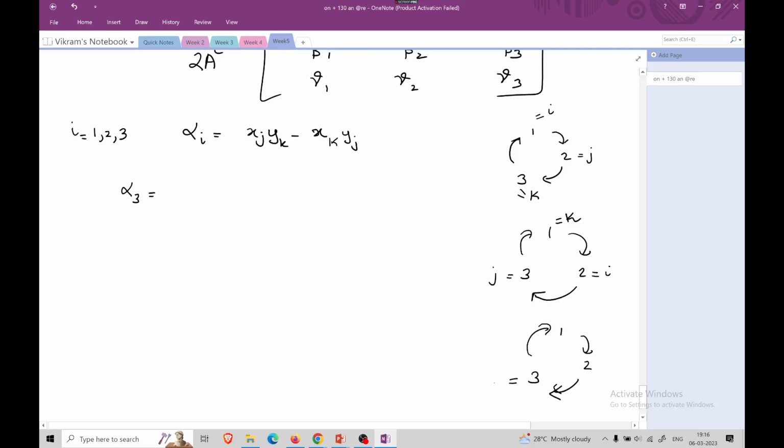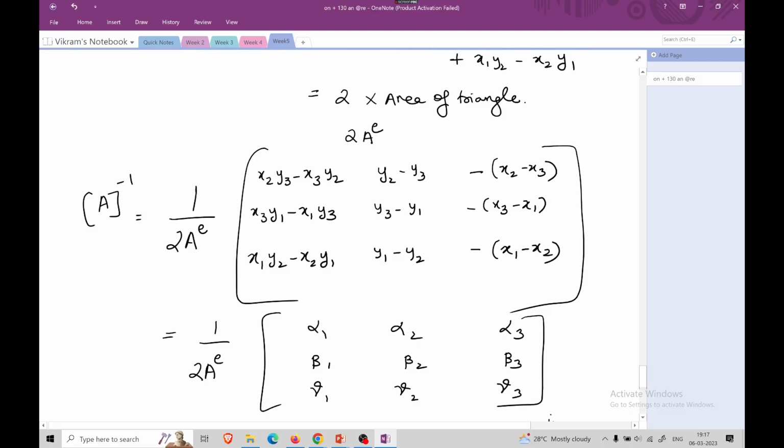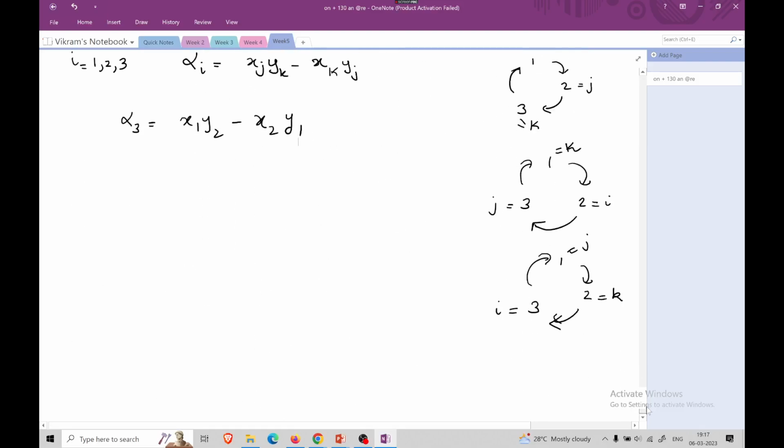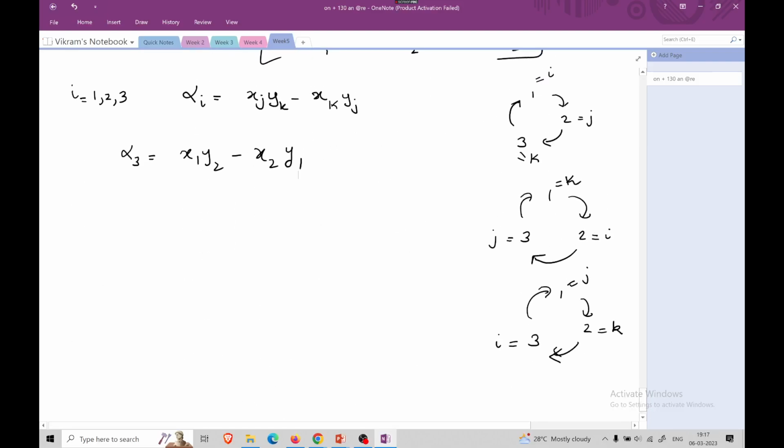The next one is j, and the next is k. So xj is x1, yk is y2, minus xk x2 y1. So this is my alpha. Let's see whether it's the same. Yes, x1 y2 minus x2 y1. So this way we are going to generalize.